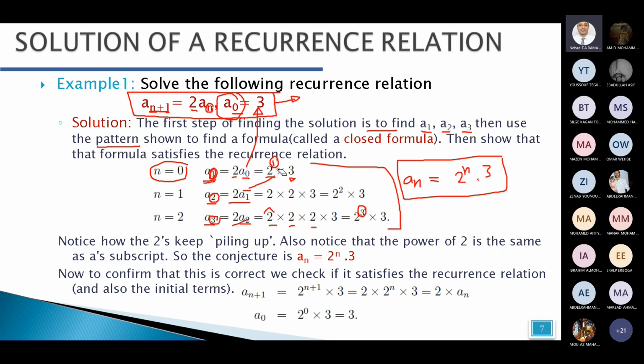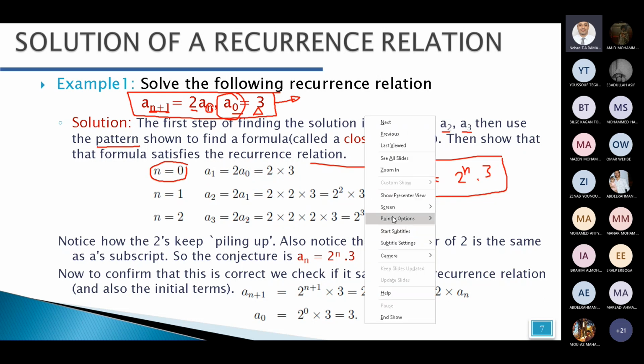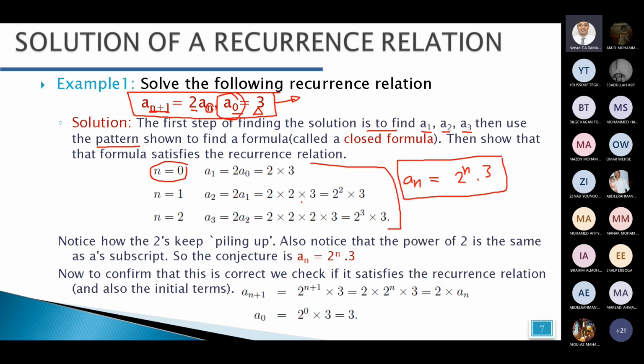We find the value of the first term, the second term, the third term, and from these values we find there is a sequence, something repeating. 3 is constant, multiplied by 2 to power a number. Which number? It's the same as the term number. So if we need term an, it's equal to 2 power n multiplied by 3. This is the general term.